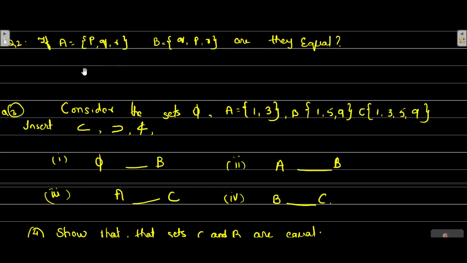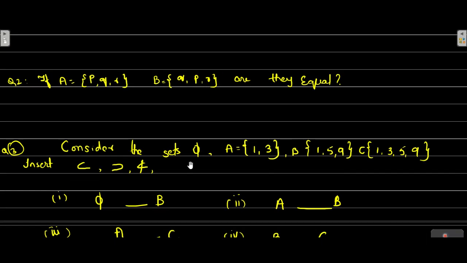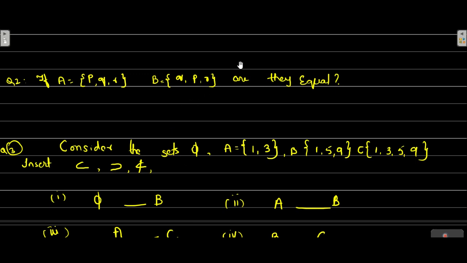Next one, here two sets are given, that the set A has 3 elements, those are P, Q and R, and the set B has 3 elements, that is Q, P and R. What is asked here? Are they equal? So, by the definition of set, we know that the order of the elements does not matter.